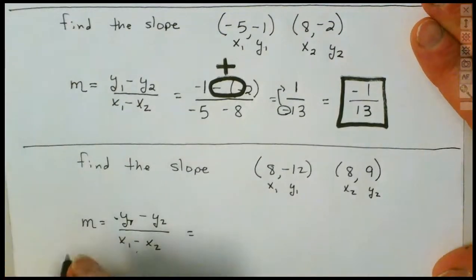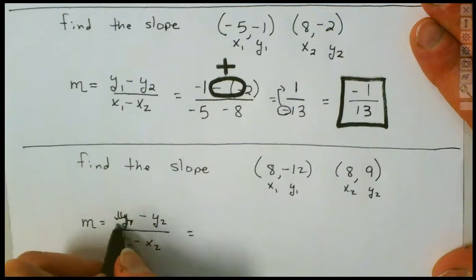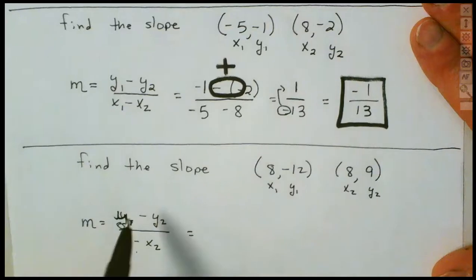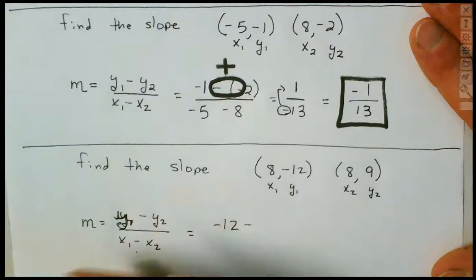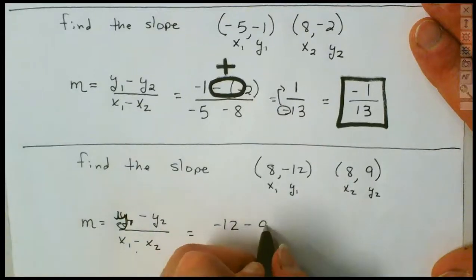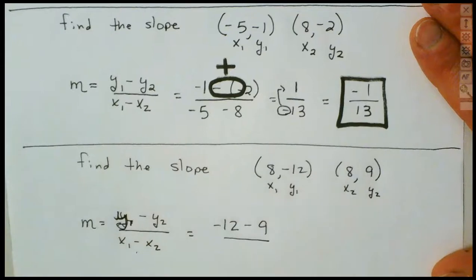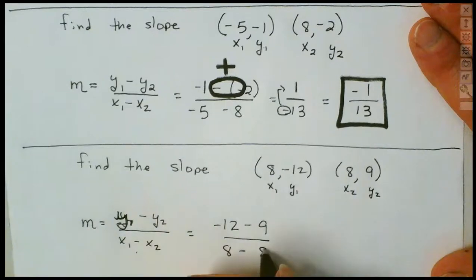Again, be very careful when you plug your values in. Remember, that's just y1. It looks like a negative there, but it's just y1. So we've got y1, which is -12, minus y2, which is 9. Divide that by x1, which is 8, minus x2, which is also 8.